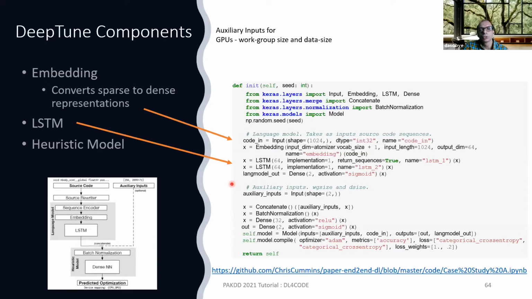Once you come out of the LSTM, you concatenate your auxiliary inputs along with that. Then you apply a couple of dense layers, which is the dense NN that you see here.